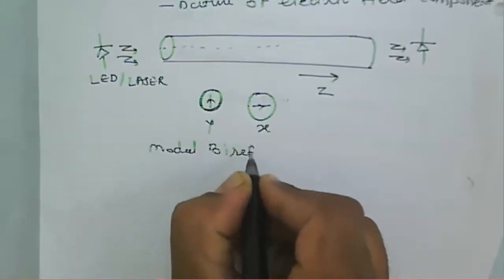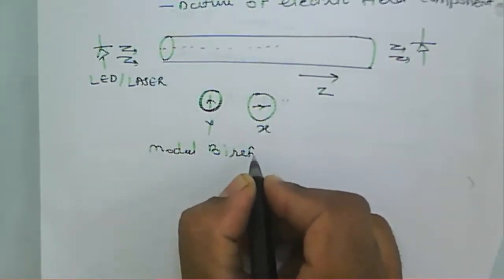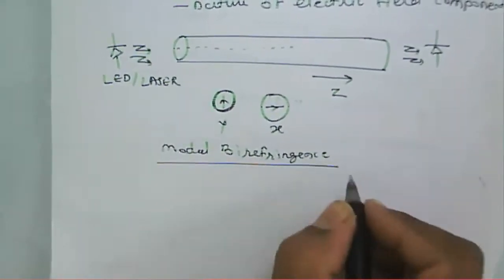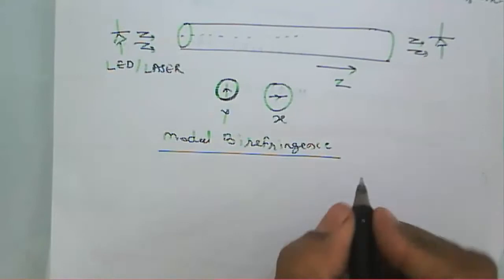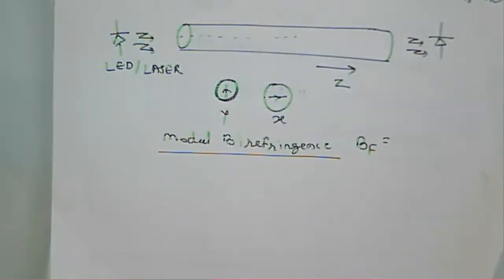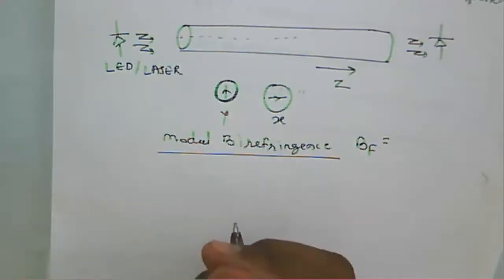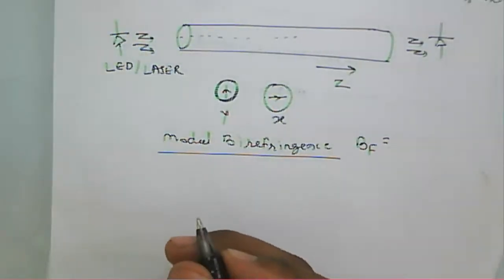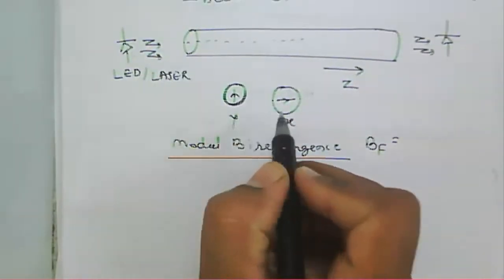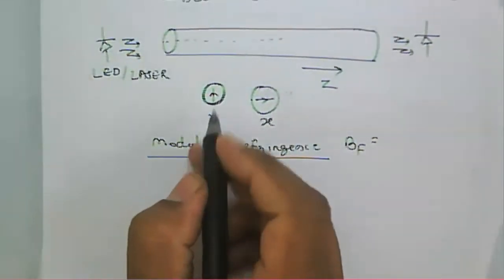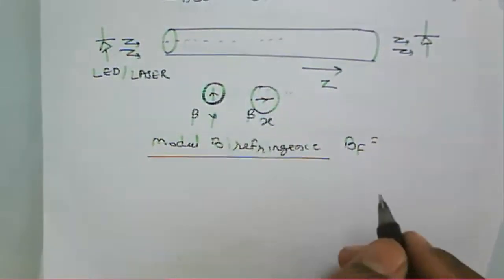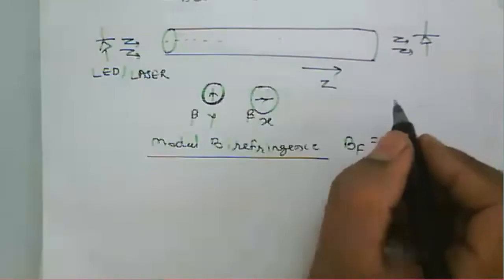Modal birefringence is denoted by beta f, and it depends upon the various modes propagating with respect to y and x, because as the modes propagate they have a difference in phase.